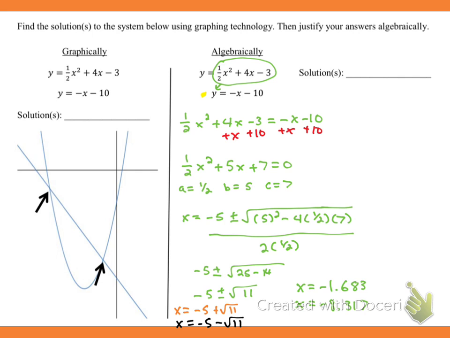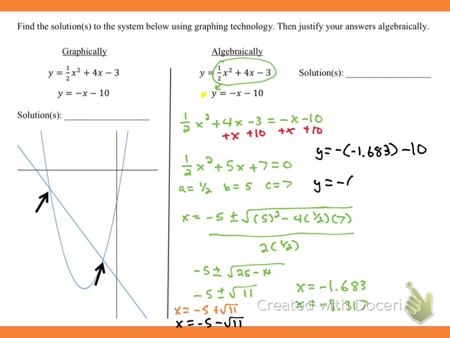Make sure, where people make mistakes, that's a negative and then negative 1.683 minus 10. So you're really just doing 1.683 minus 10, because a negative 1.683 is a positive 1.683.